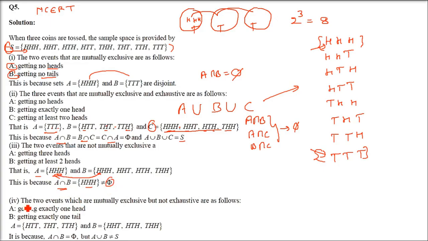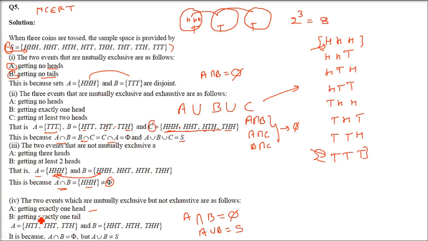Now the fourth one. 2 events which are mutually exclusive but not exhaustive. So we have to take 2 sets A and B so that when you combine them, it should not be equal to S, but A intersection B should be phi. That is, A union B should not be sample space and A intersection B is equal to phi.